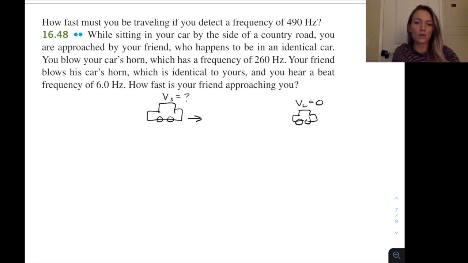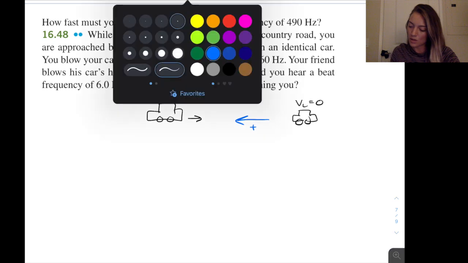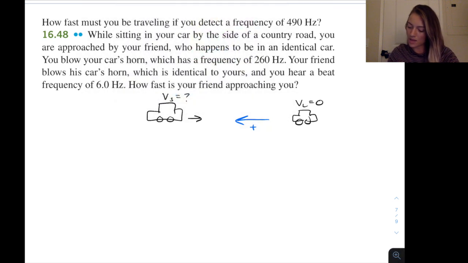And remember, we call the direction from listener to source the positive direction. So in this case, this would be our positive direction, right? So the frequency of the source is 260 hertz.